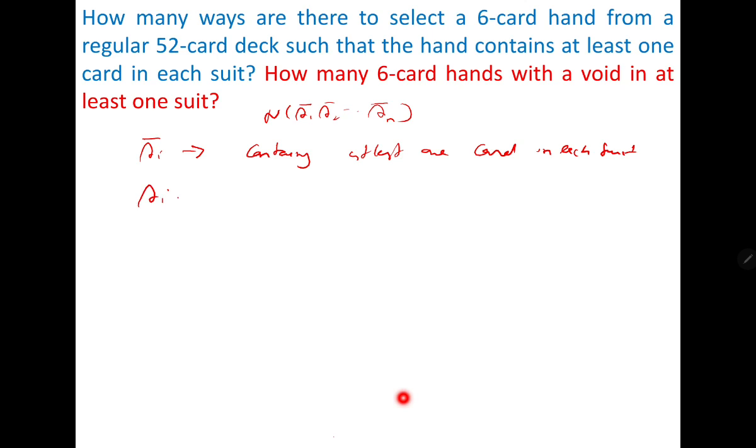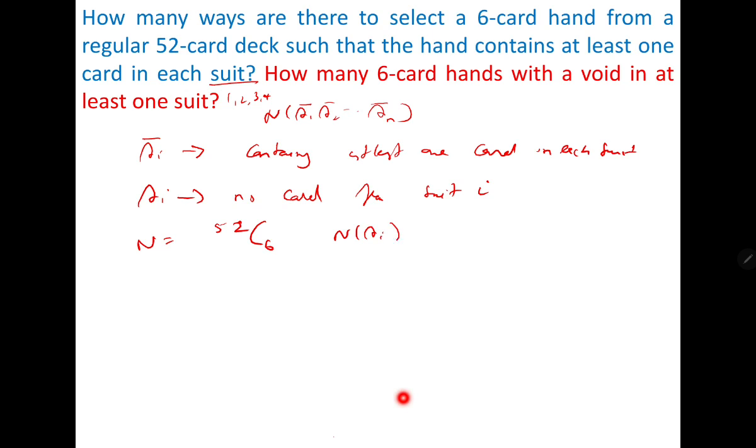It means your ai is no card from a particular suit. We know that there are four suits, 1 2 3 4. So ai represents that no card from suit i, if there are four suits. So my n is to pick 6 cards from 52 cards.